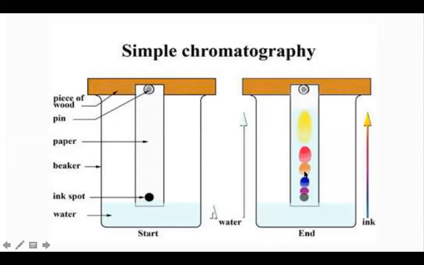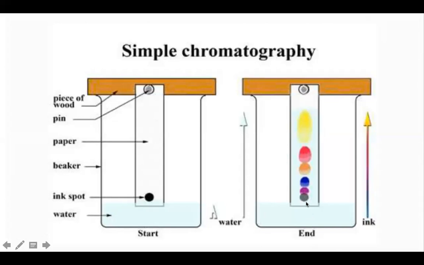As a result, we can find a separation of different compounds. So in this way, we can separate the mixture of the compound. Here you see 1, 2, 3, 4, 5 compounds in the mixture which we initially used, and they are separated. So we can understand what the components in the mixture are.